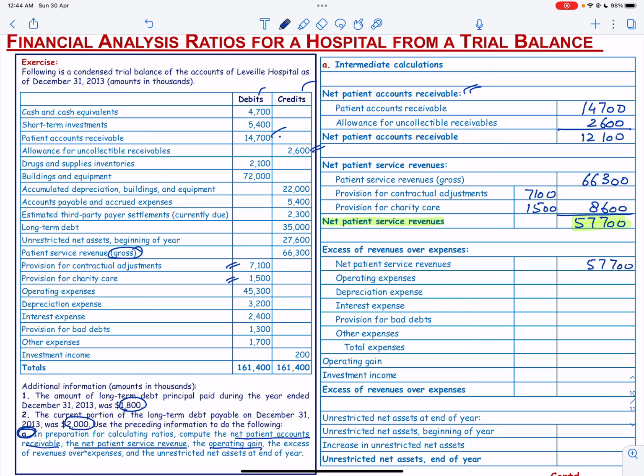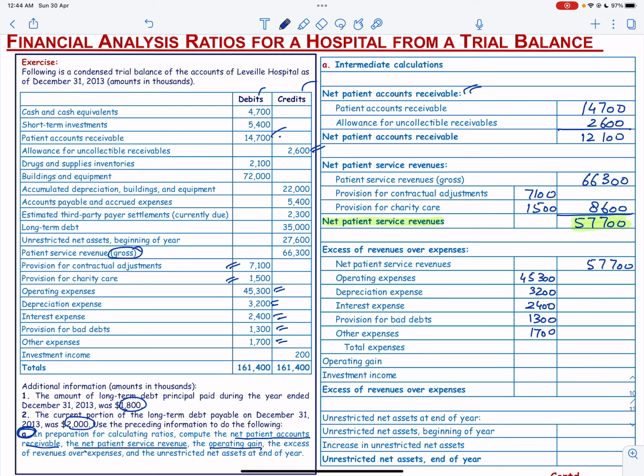Then we have the operating expenses, and the operating expenses are 45,300. We have the depreciation expense of 3,200. Then we have the interest expense of 2,400. Then we have the provision for bad debts 1,300. Then there are other expenses of 1,700.